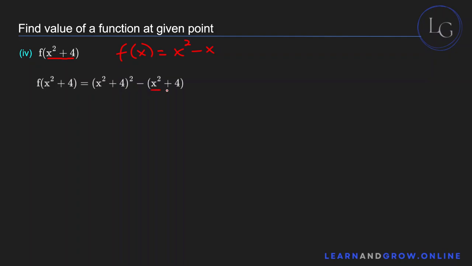And this is just the original expression in the brackets, right? So that eventually gives you this, right? So it's just a very, very simple process to find the value of a function at a given point, right?